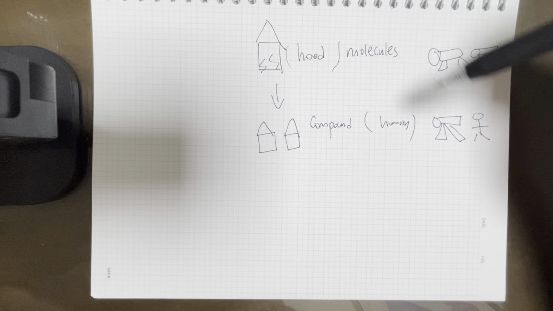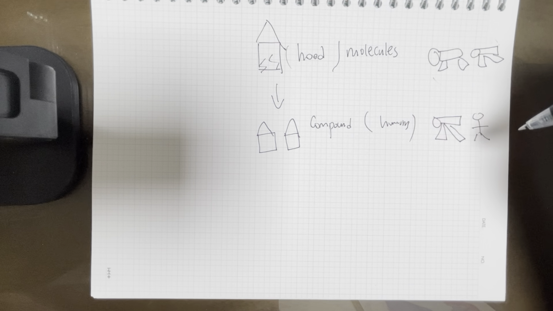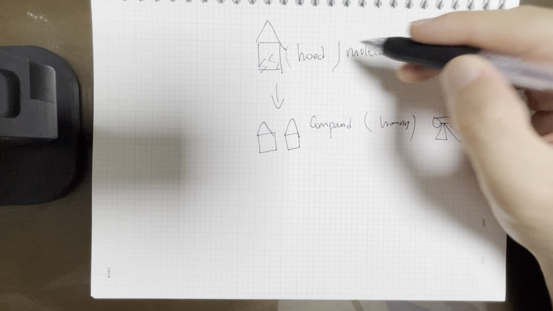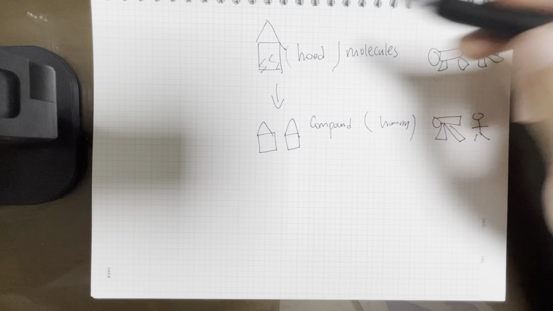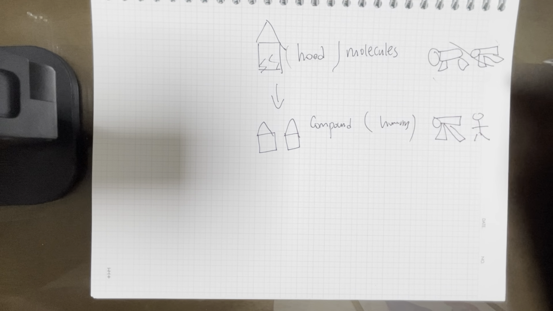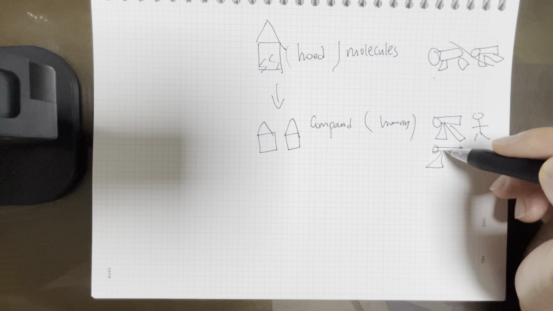And if you have 2 different animals joining together, you're allowed to move into the compound where humans live. And once you move into the compound, so before when you live in the hood area, right, you have to be chemically joined together. So once you move into the hood, you guys get chemically joined together. So these 2 are chemically bonded. So then these guys must also come together, right?